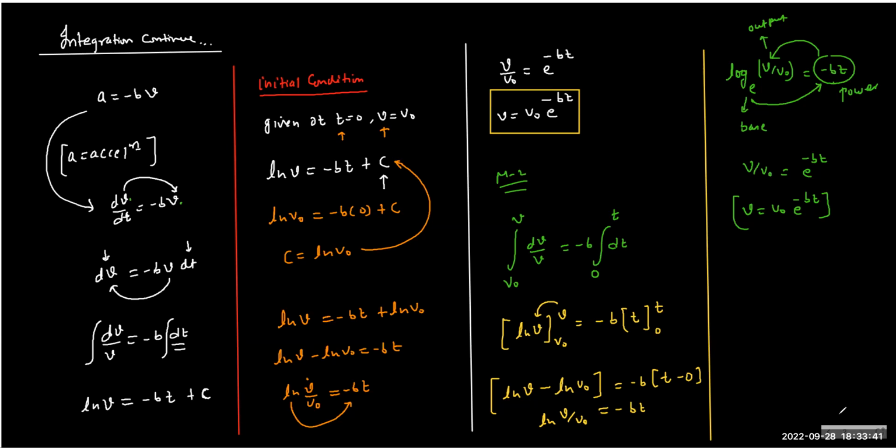How to solve the differential equation? Okay. So acceleration is very interesting in kinematics, and we'll explore more about acceleration. We write a as dv by dt, the rate of change of velocity.